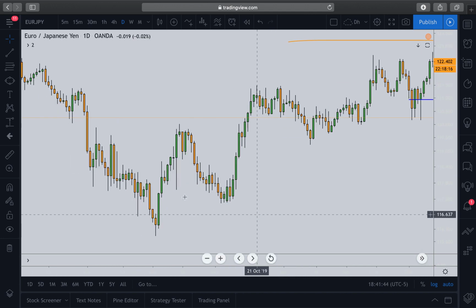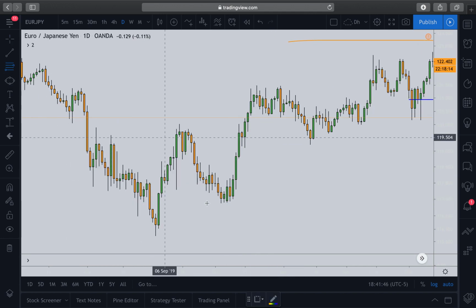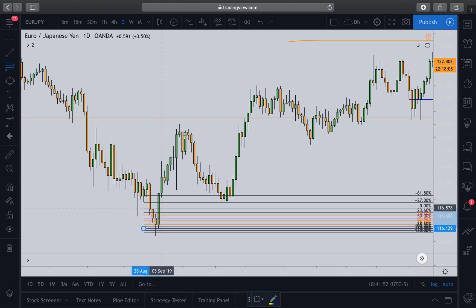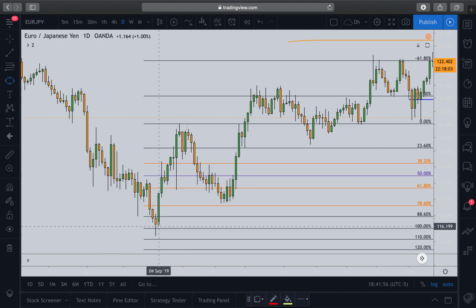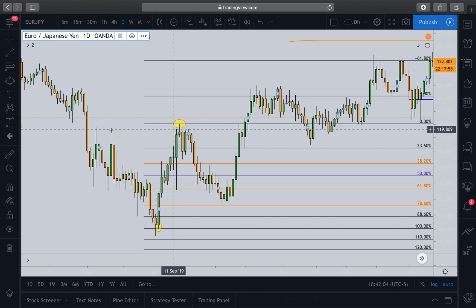Let's draw another one real quick. And then I'm going to show you guys how I used to draw it, and then we'll wrap this video up. So, another push right here, right? Starting from bullish candle all the way up to where bullish candle ended. Point A. Point B. Retracement.